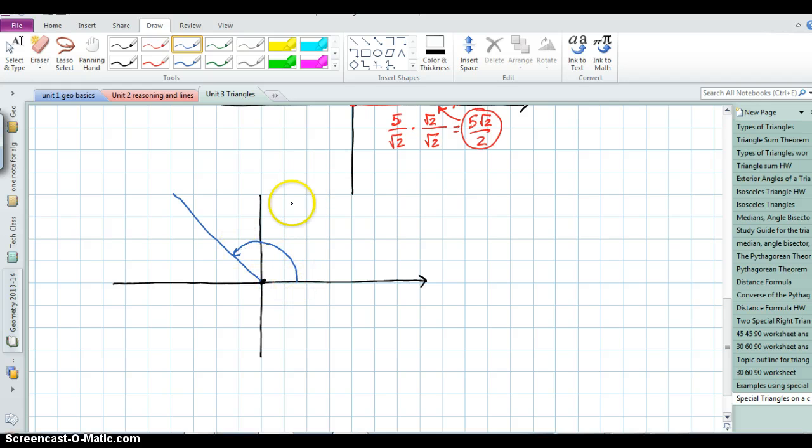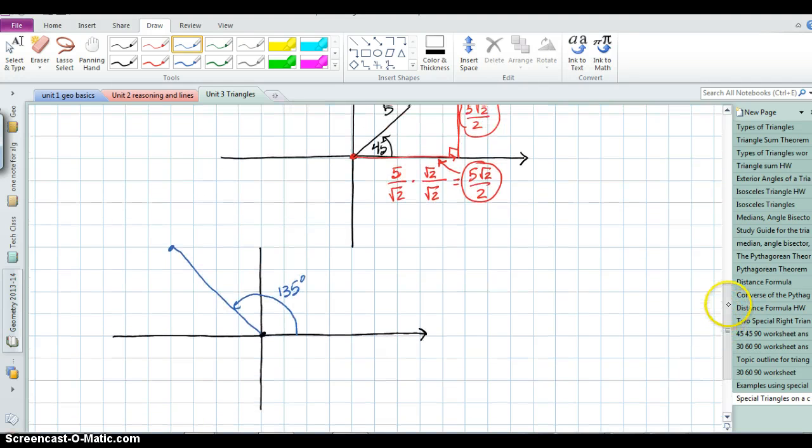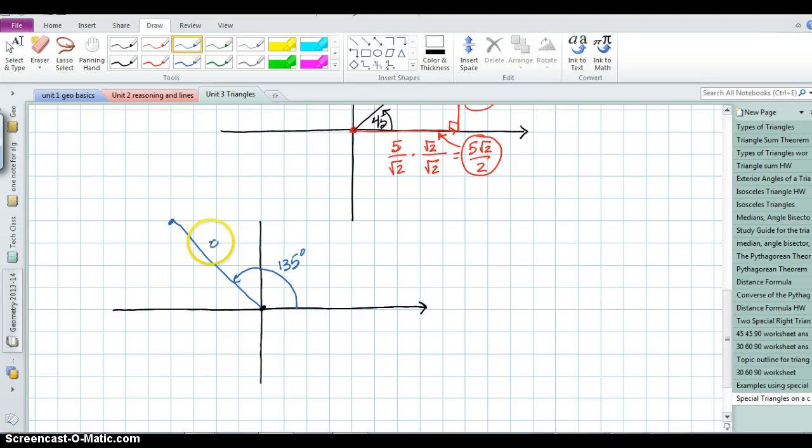I'm going to say that the angle I just drew is 135 degrees. And I know that this length right here, I'm just going to randomly pick a number, I'll say it's 8, just because I feel like it. Nothing special about it. And again, I want to know the coordinates of that point right there.